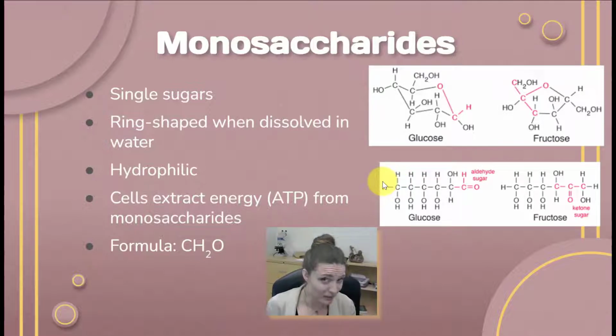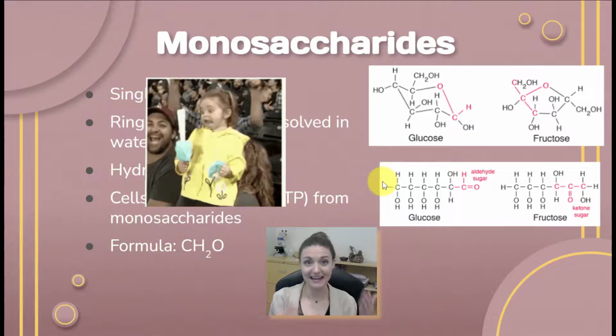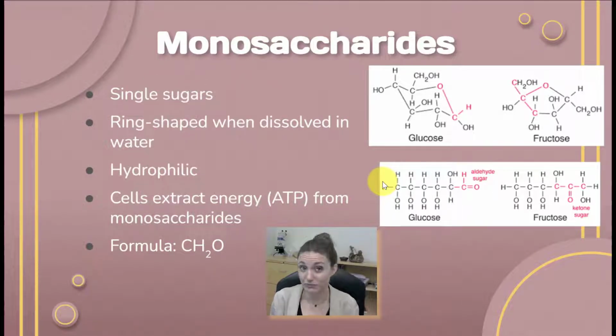Their main purpose, monosaccharides and disaccharides as well. So if we connect 2 of these together, which we'll talk about in a second, like glucose and fructose, monosaccharides and disaccharides, their main function is easy access to energy, easy access to a molecule that's really useful in building ATP, adenosine triphosphate, the energy for cells.